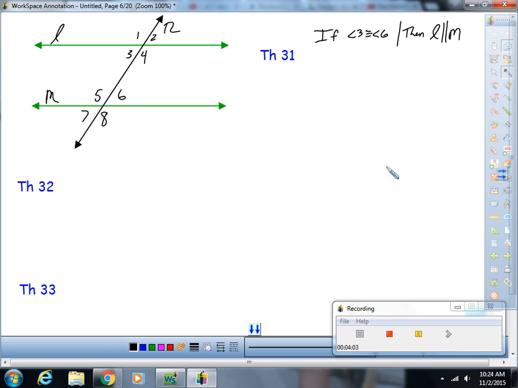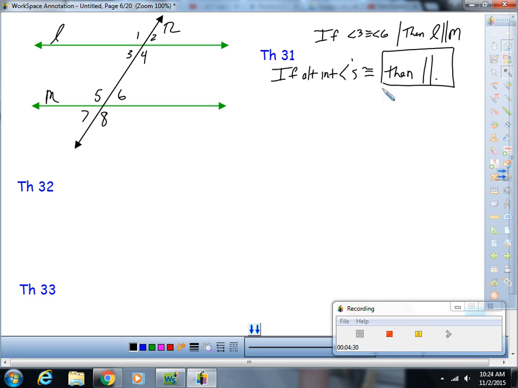Theorem 31 says if alternate interior angles are congruent, then the lines are parallel. That's the shorthand version of writing it. You're going to use that in proofs to prove that lines are parallel.